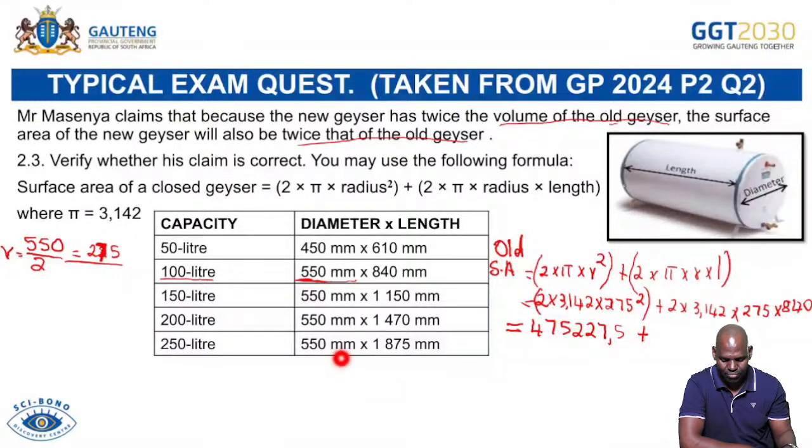The second part is 2 times 3.142 times 275 times 840.